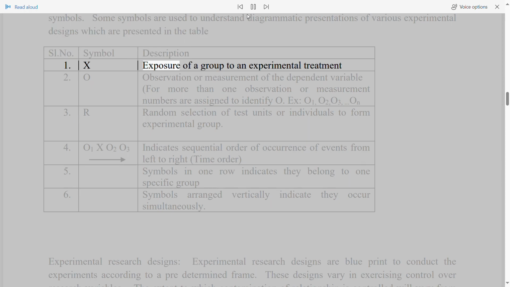X: exposure of a group to an experimental treatment. 2. O: observation or measurement of the dependent variable. For more than one observation or measurement, numbers are assigned to identify them: O1, O2, O3, and so on. 3. R: random selection of test units or individuals to form the experimental group.